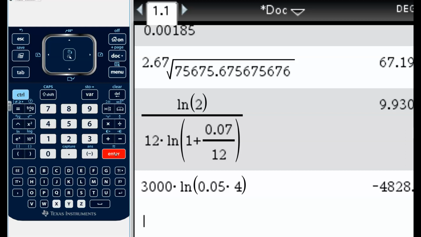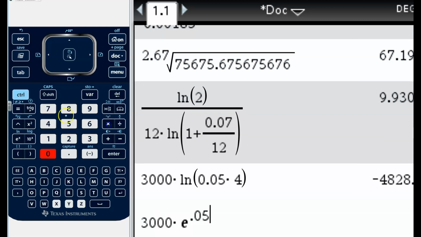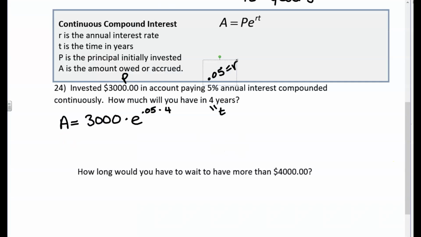You know what, guys? It's a bad day. 3,000, please work, times e to the 0.05 times 4. Enter. And we get 3,664.21. So A equals $3,664.21. That's how much you have accrued.